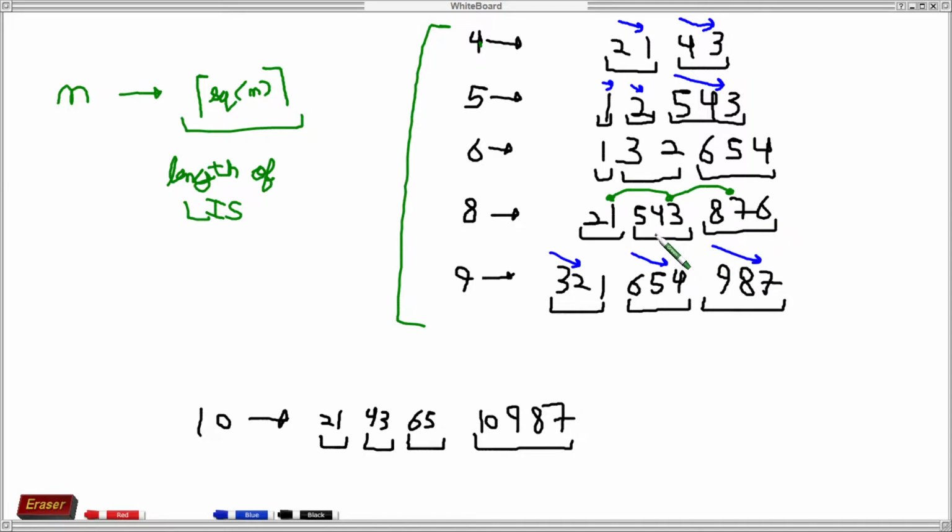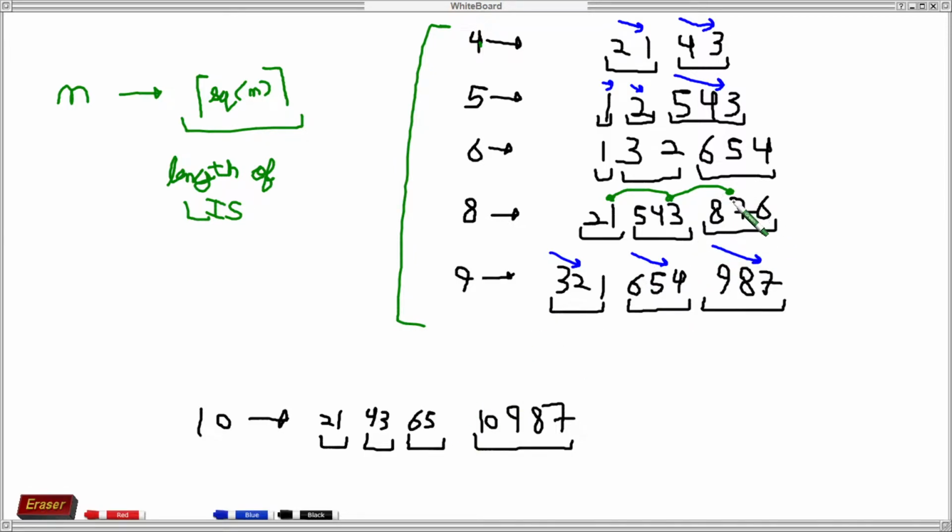If we take a 3, then we cannot take the 5 or 4. Let's say these are the three groups we are forming. As the square root of 8 is 2 point something, we get the round up value as 3. So we have to form three groups.